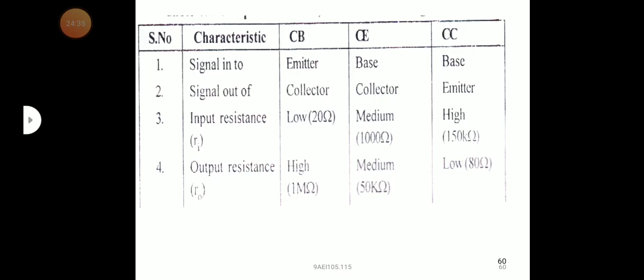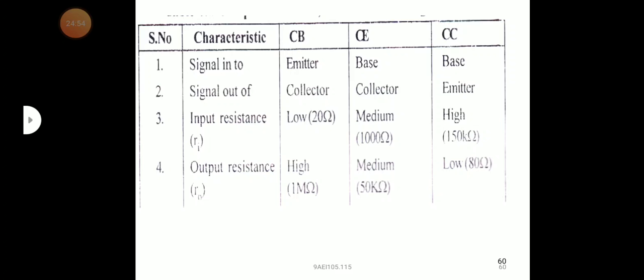Now the input resistance: in the common base, the input is the emitter, which is forward biased, so the input resistance is low.